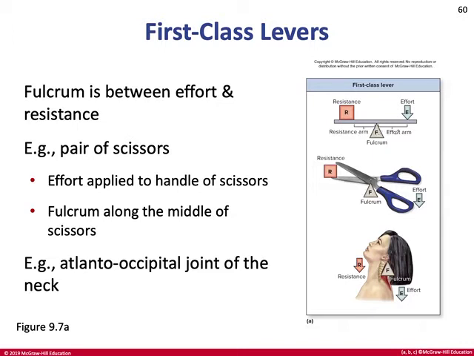Another example here: you've got the fulcrum with the articulation between the atlas and the occipital bone of the skull, and then you've got the effort, which are the muscles that cross that joint, and then the resistance, which is the weight of the head.